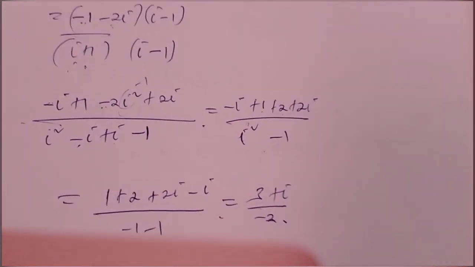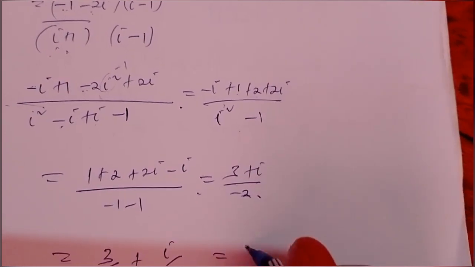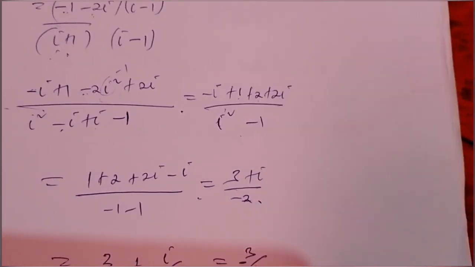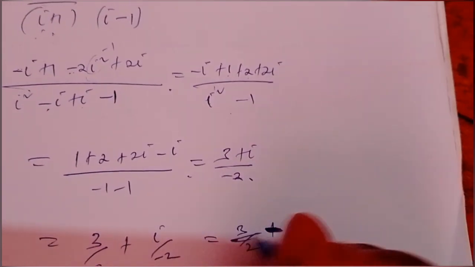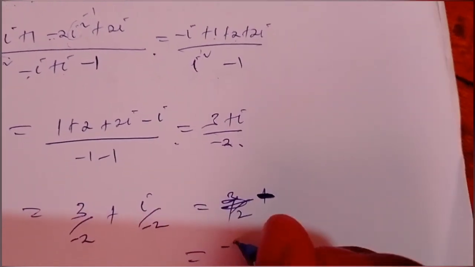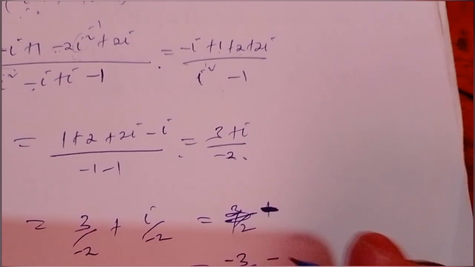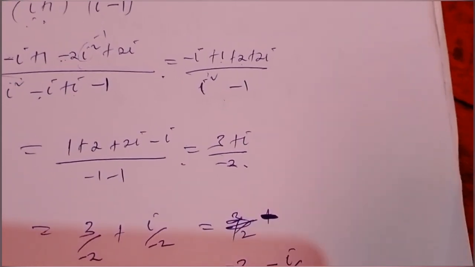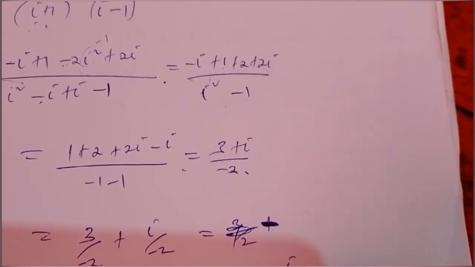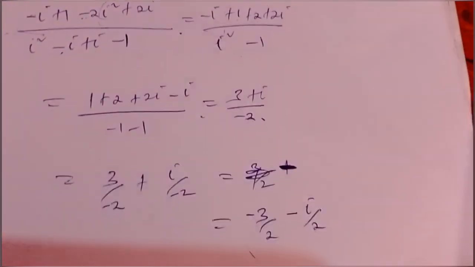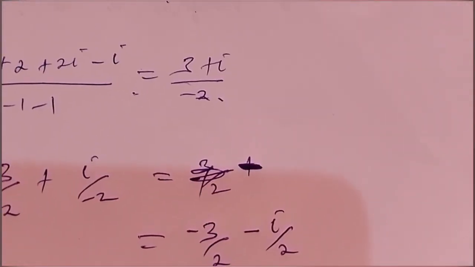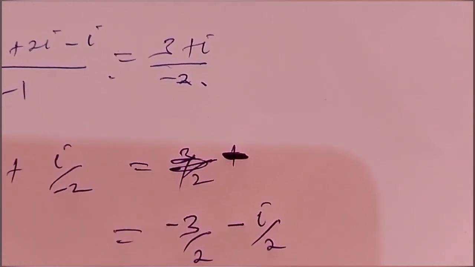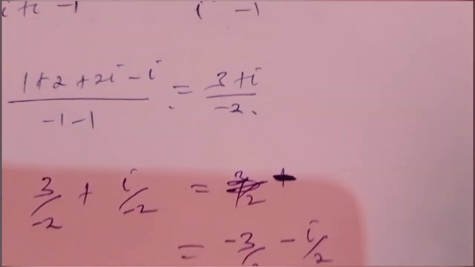We can write it this way: negative 3 over 2 minus i over 2. So this is the real part, and this is the imaginary part. At that point, I'm through with that.